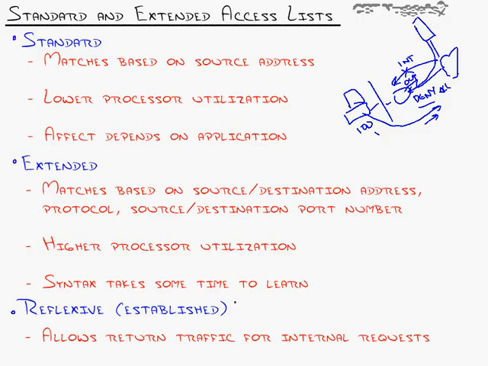So that's why we need these reflexive access lists. A lot of people call them officially TCP established access lists. What it will do is when my host goes out, the router puts on a little pair of glasses and says, aha, I just saw that host leave. So the source address left to go access google.com, or whatever google.com's IP address is.